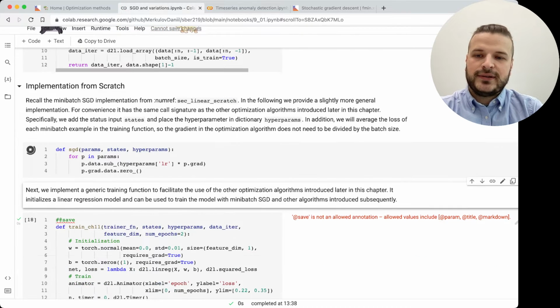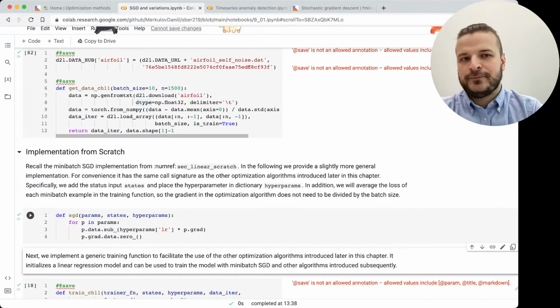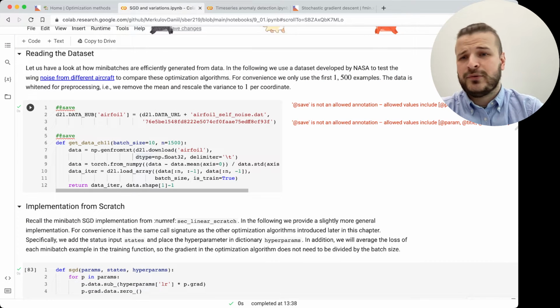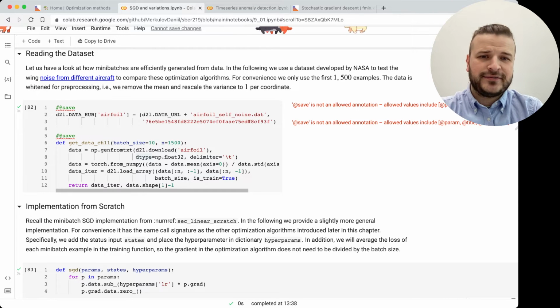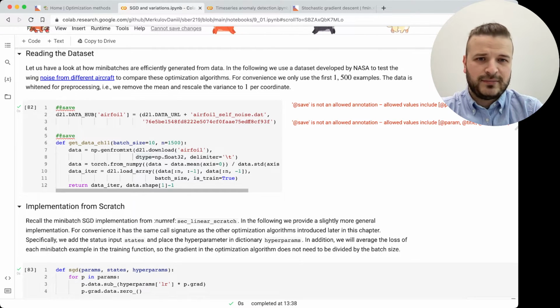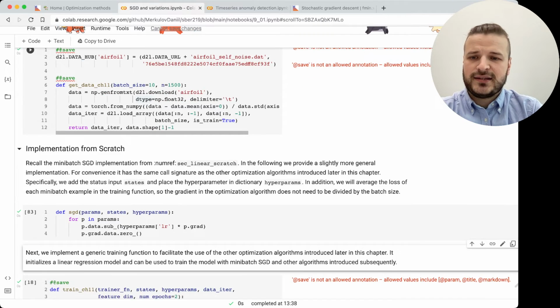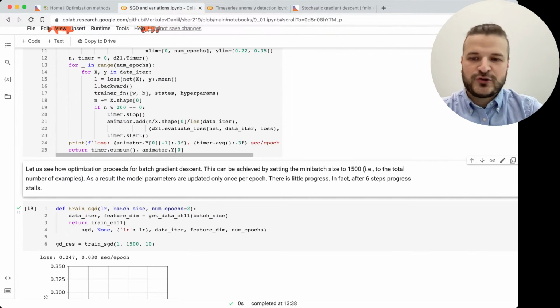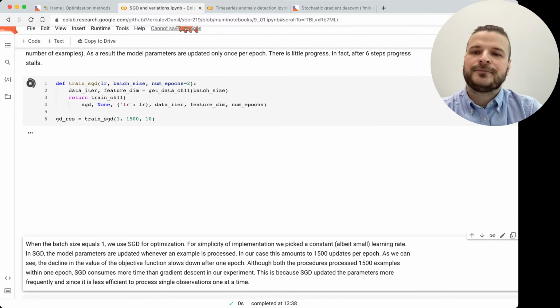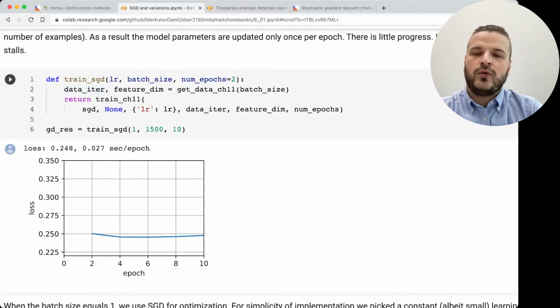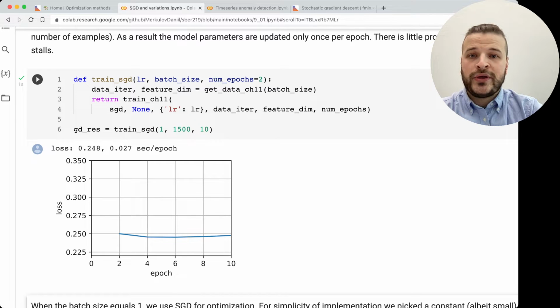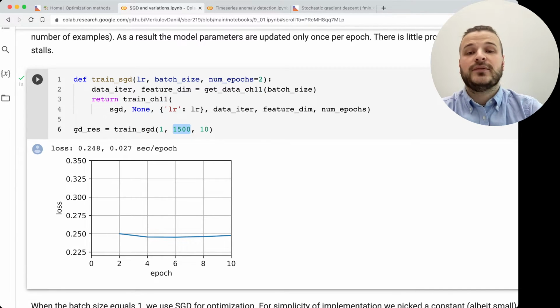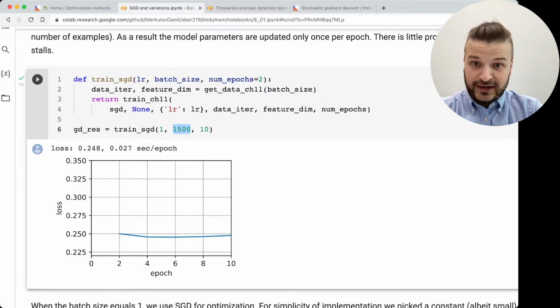And we can even demonstrate it on a specific machine learning example of predicting the noise of aircraft with respect to different parameters. That's the NASA data set. The specific machine learning problem is not very important for us, but let's compare this training of the SGD algorithm with learning rate equal to 1, batch size equal to 1500.